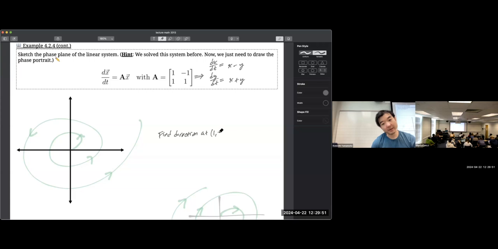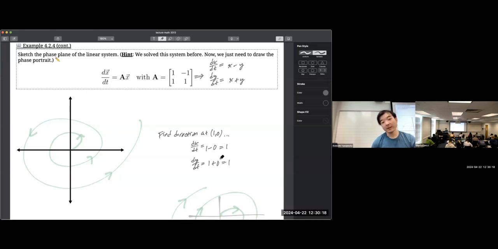So let's say you want to find the direction at (1, 0). You just plug in. So dx/dt is equal to 1 minus 0, which is equal to 1. dy/dt is equal to, no sorry, it's 1 plus 0 because your y coordinate is 0.